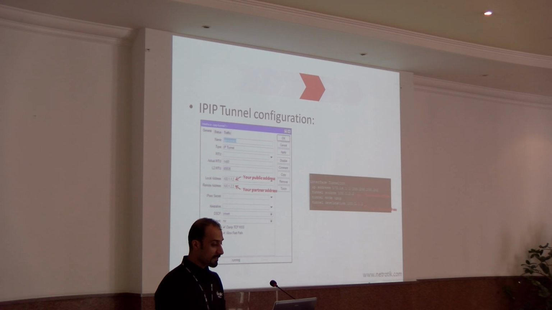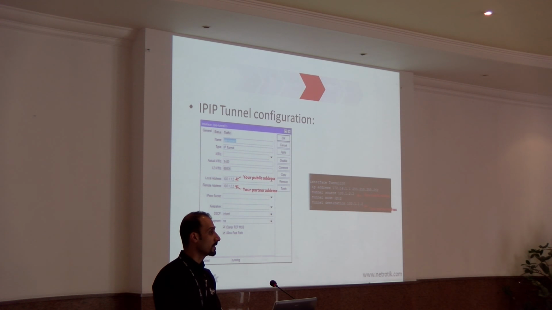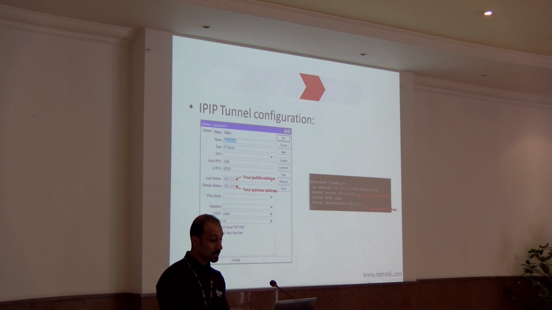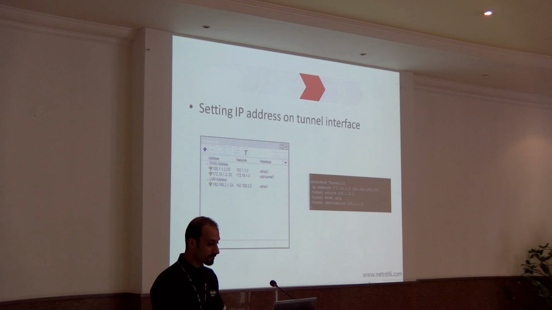I use 172.16.1.1/30. Then you need to tell the router which IP address is your public IP address with the tunnel source command, and then configure the partner's public address. And then in Cisco, you need to configure the tunnel mode. As you can see, I chose tunnel mode ipip.